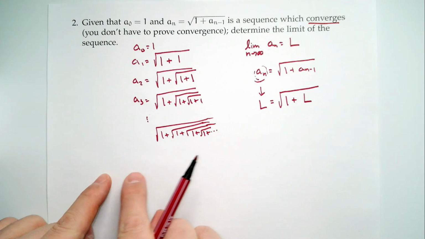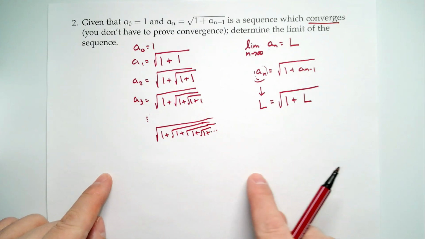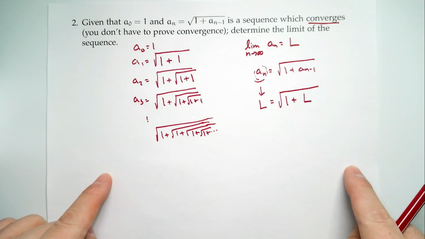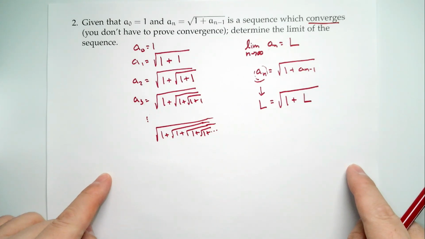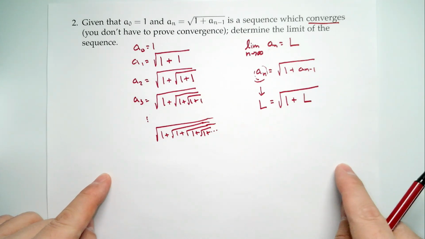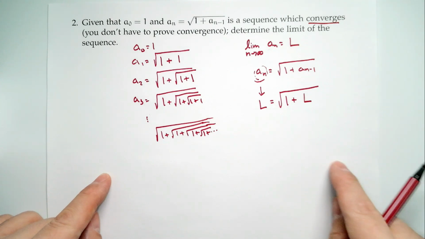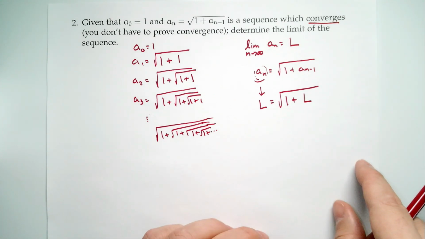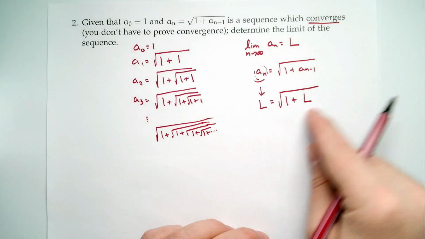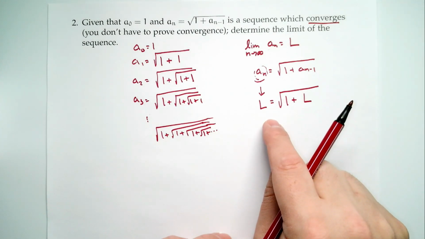Well, because remember, we have this list: a0, a1, a2, and there's a sub n, and that's close to L. Now where is a sub n minus 1? It's right next to it, right? They're right next door to each other. So if this is close to L, this is close to L, because everything's getting close to L at the end. So whatever our limit is has to satisfy that relationship.